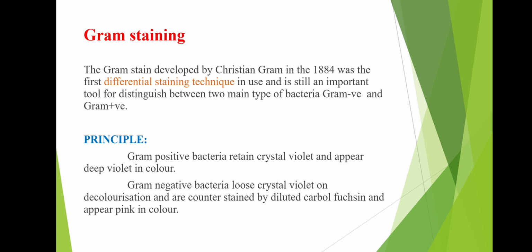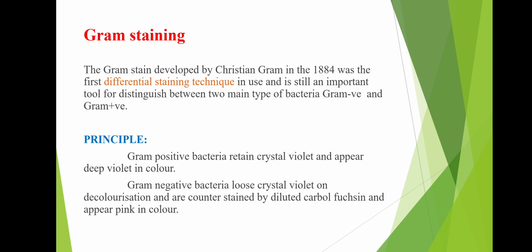The Gram stain, developed by Christian Gram in 1884, was the first differential staining technique in use, and it is still an important tool for distinguishing between two main types of bacteria: Gram positive and Gram negative.